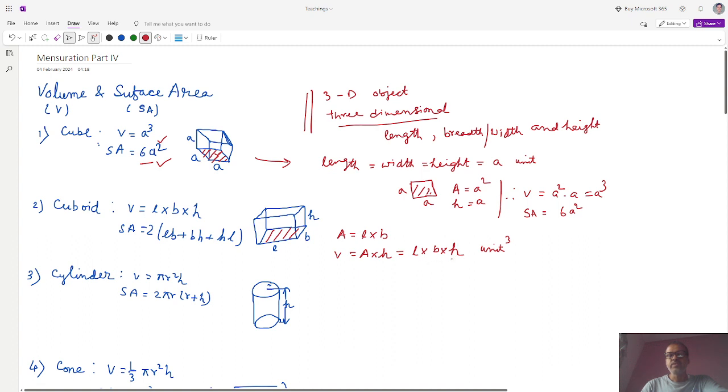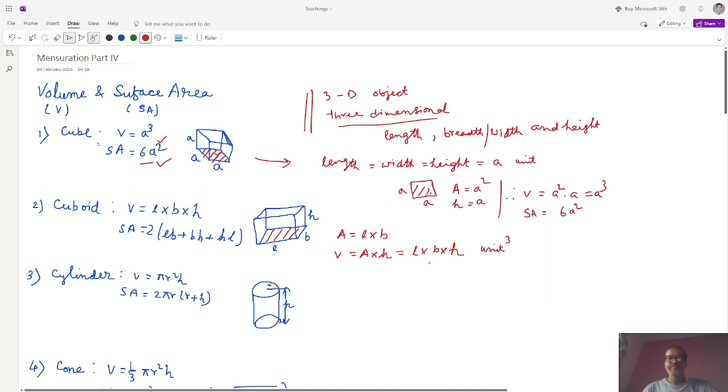These units have to be the same, and then the unit of the volume will be unit cube. For example, if L is in centimeter, B is in centimeter, and H is in centimeter, then the unit of the volume will be cc, centimeter cube.